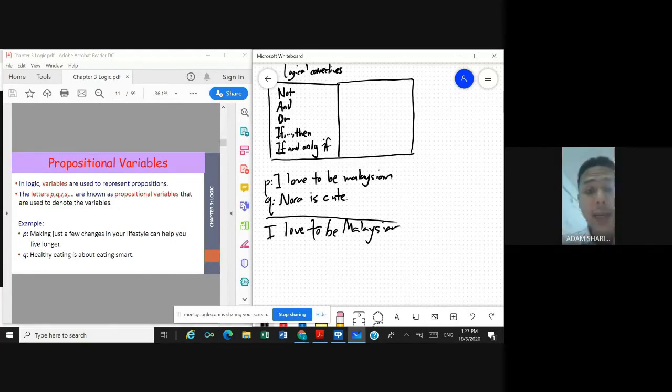And, for example, I want to connect this P and Q. I love to be Malaysian and Nora is cute.